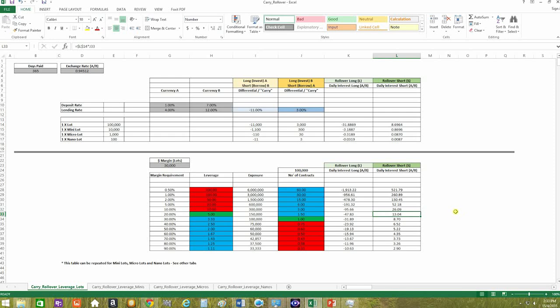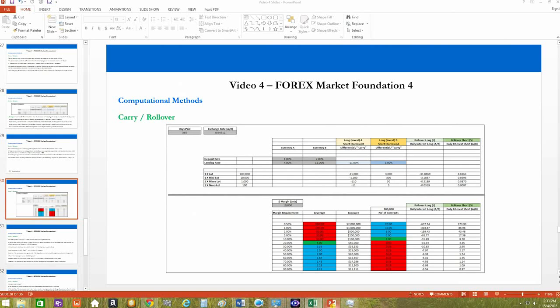And if we're at 20% margin requirement, so we decide that we want to be here and this is the exposure we're going to take, we can comfortably receive this per day and have confidence that it's very improbable that we're going to get stopped out or wiped out in any way on our entire trading account. So let's go back to the presentation.